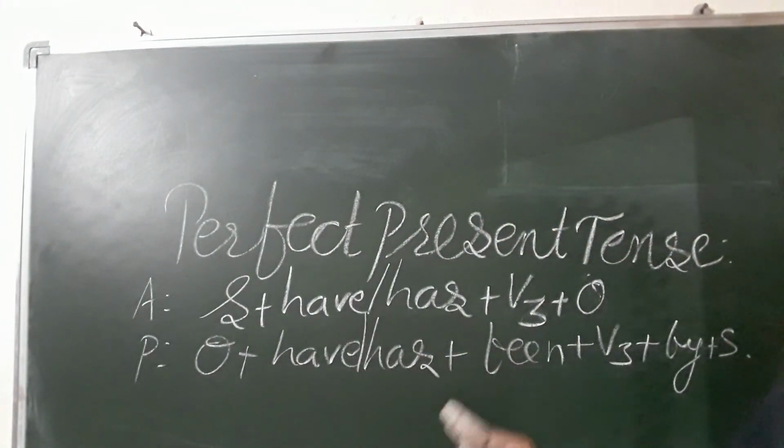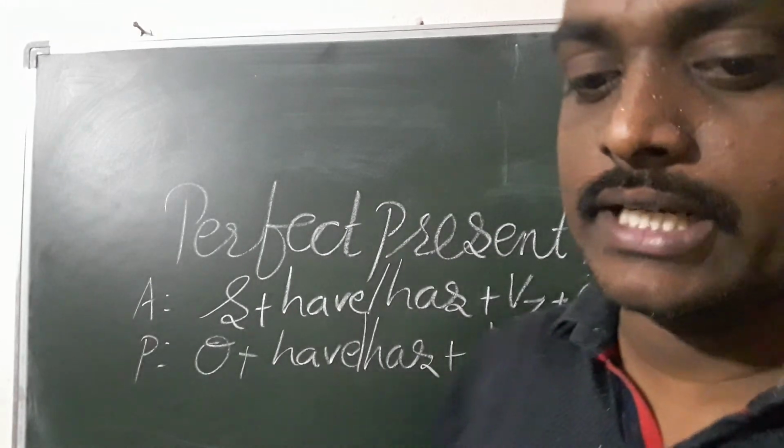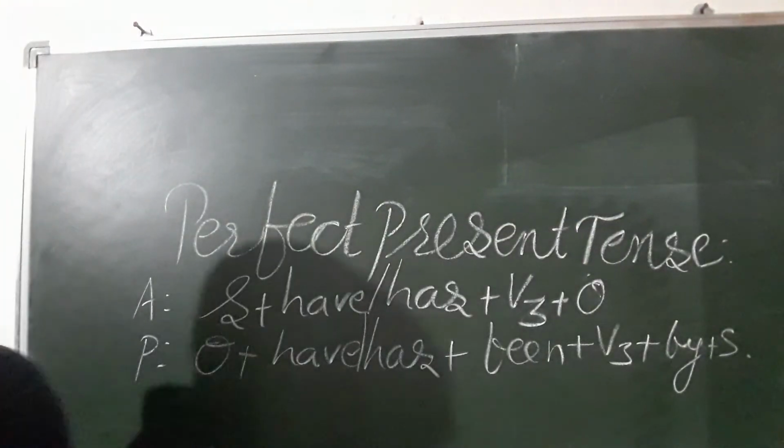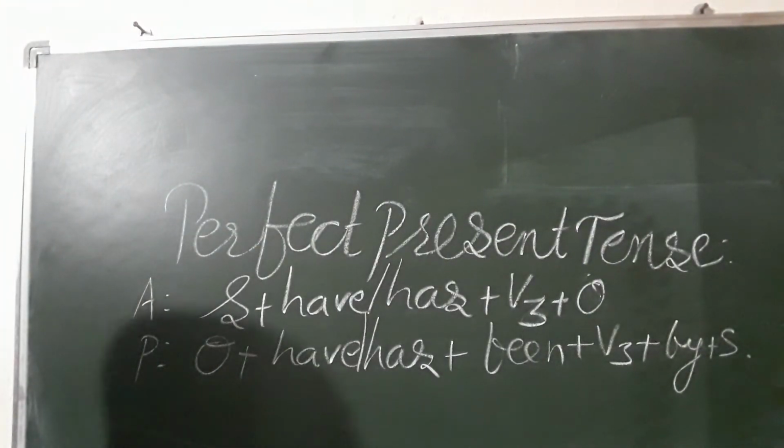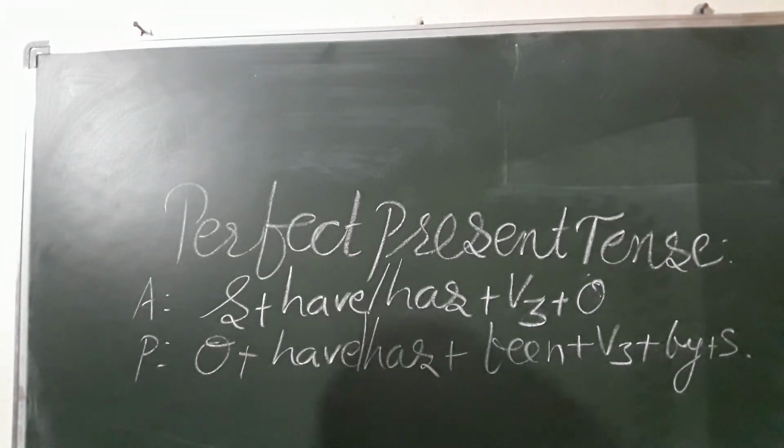Now we have to write down one sentence. After writing the sentence, you will understand. I hope you have written the sentence. So one sentence I will write on the board.